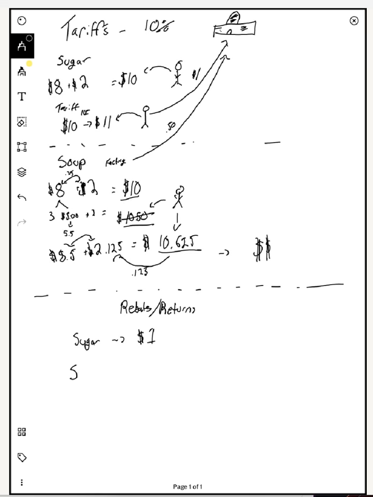But if you bought the soup, the government should give $0 to you and should give 50 cents back to the company that made this soup. But they also keep the additional 0.125 of additional profits.